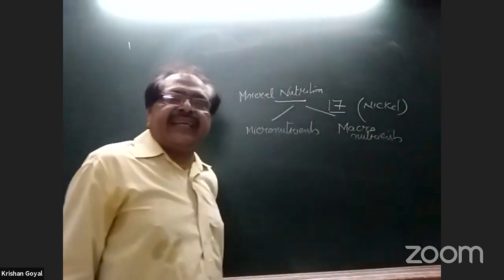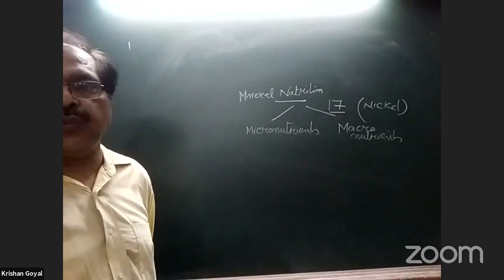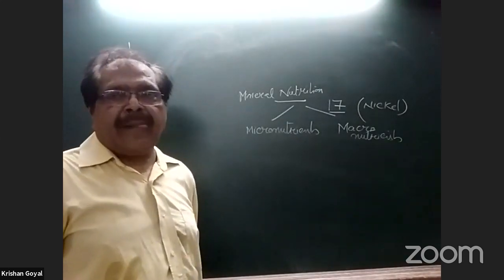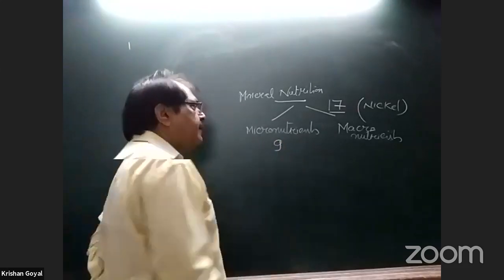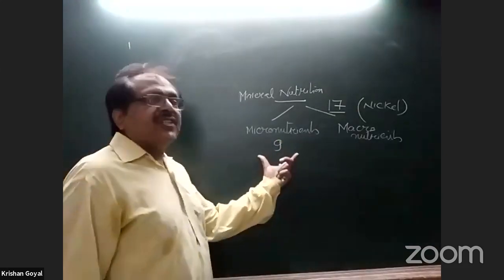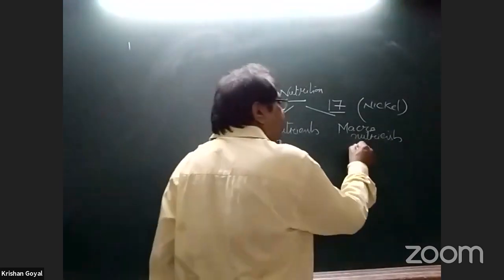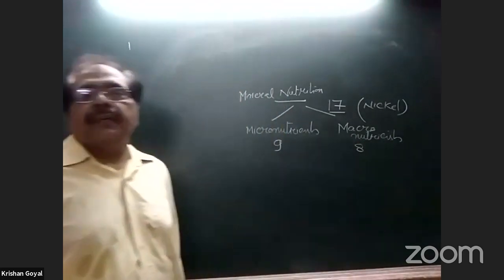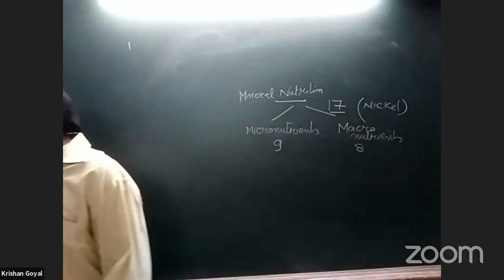Nickel is the latest element that has been considered to be a nutrient. There are 9 micronutrients which are needed in small quantity. And there are 8 macronutrients. Just write it, please.